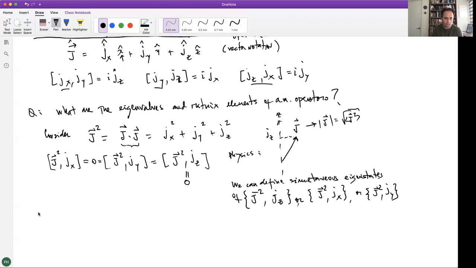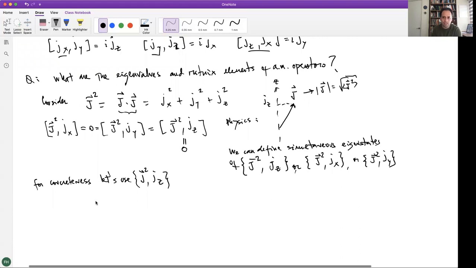Now for concreteness, let's consider J squared and Jz. These 2 operators form a commuting set, and since they commute, they can have common eigenstates that we're going to label by Jm.